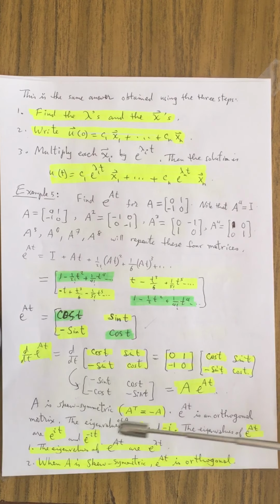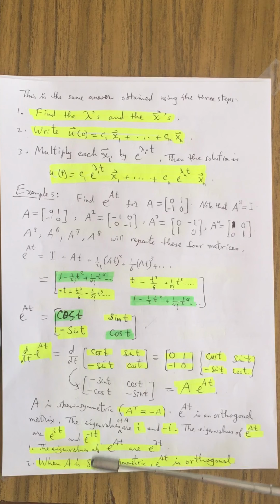Now note that A is skew-symmetric, so A transpose is minus A, and e to the At is an orthogonal matrix. That is, the columns are unit vectors. The eigenvalues of A are i and minus i. The eigenvalues of e to the At are e to the it and e to the minus it. That is, the eigenvalues of e to the At are e to the lambda t. And when A is skew-symmetric, e to the At is orthogonal.